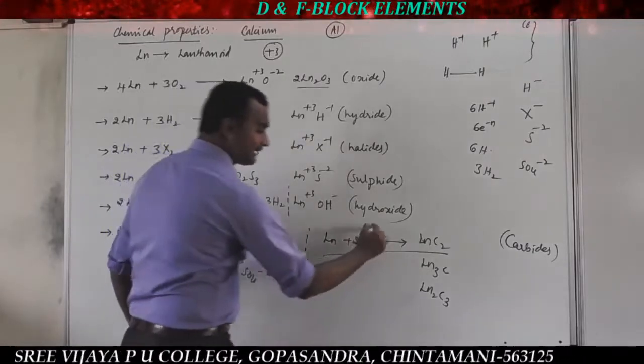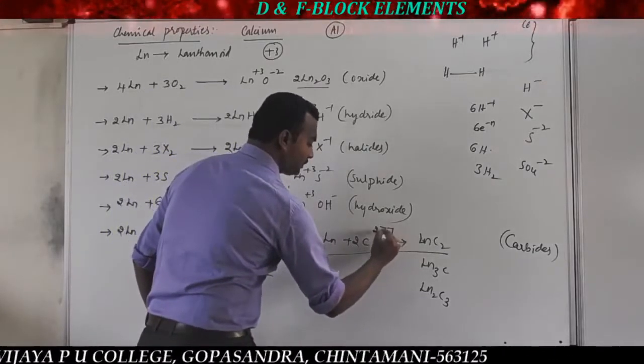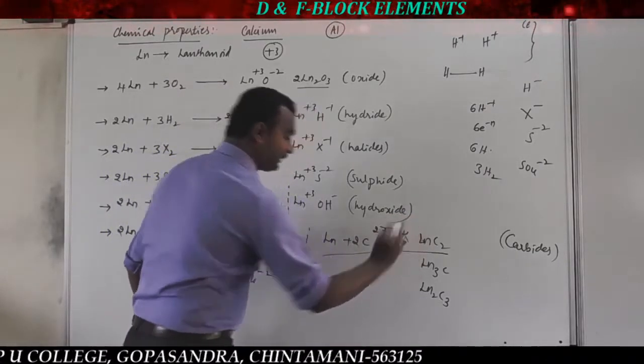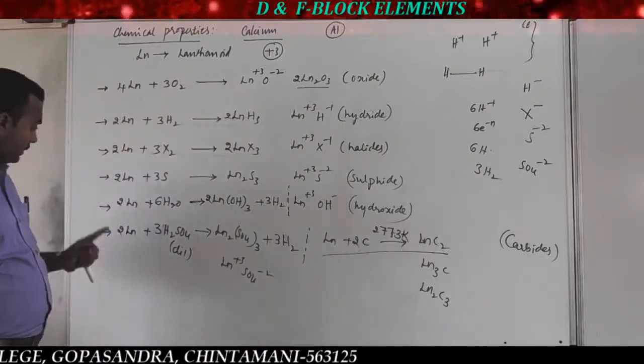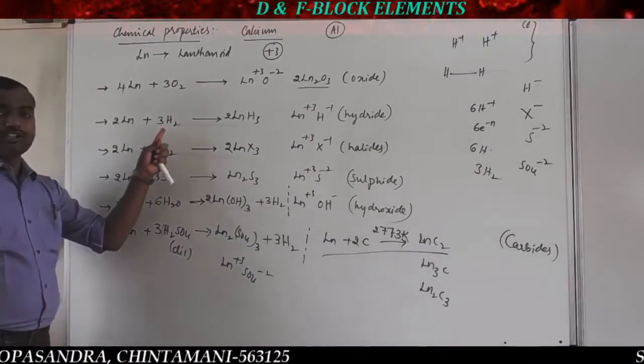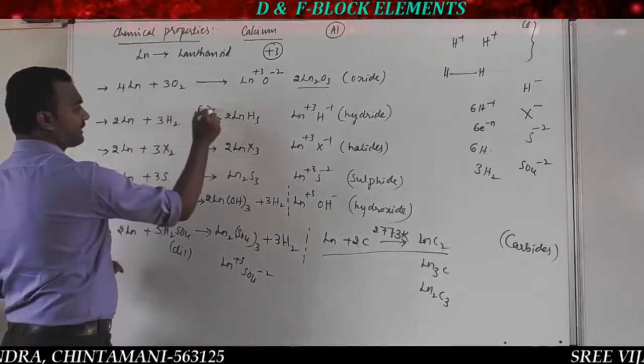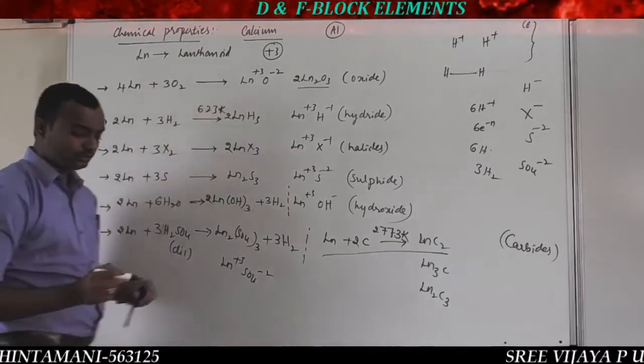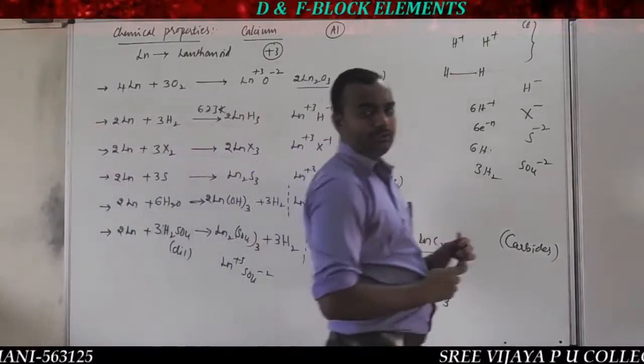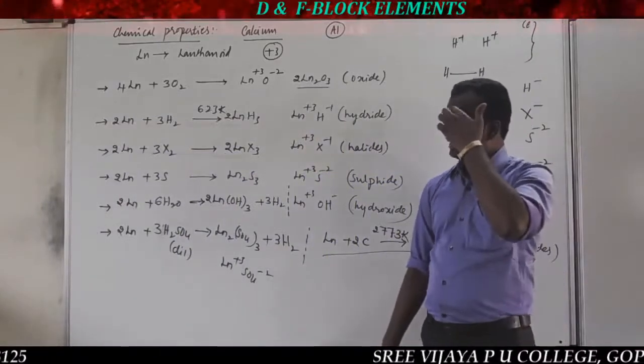This is carried out at a temperature of 2773 Kelvin. In addition, lanthanides react with hydrogen, where the temperature you want to maintain is around 623 Kelvin. So this reaction shows the reactivity of lanthanides.